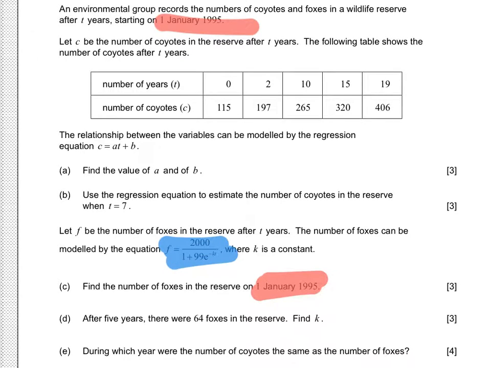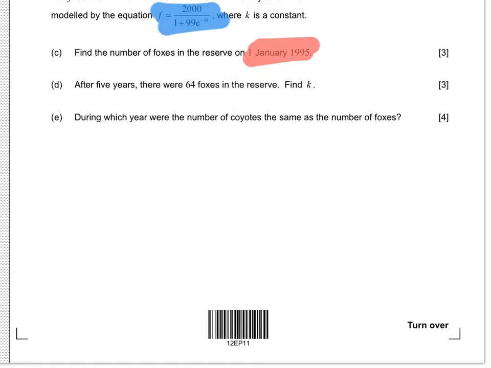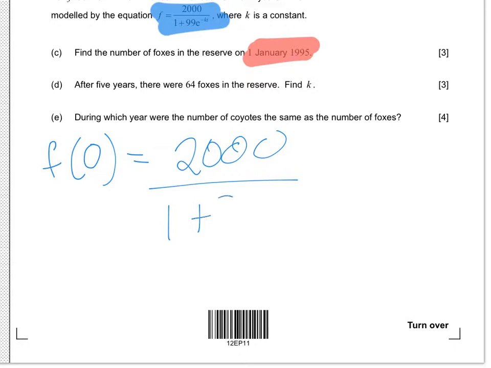this function. So what that essentially means is it's asking us to evaluate that function in blue when t is 0. So that's 2000 over 1 plus 99 e to the minus k0. It should be reasonably obvious that if it's minus k0, then that's just e to the 0, which is just 1, which means that f of 0 is the same thing as 2000 over 1 plus 99.